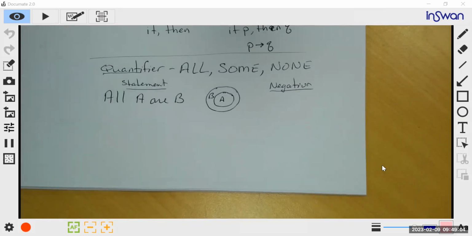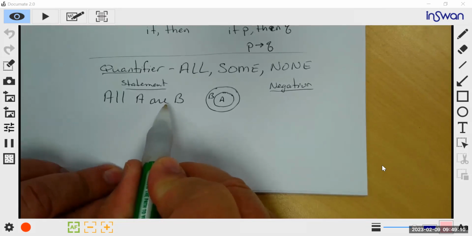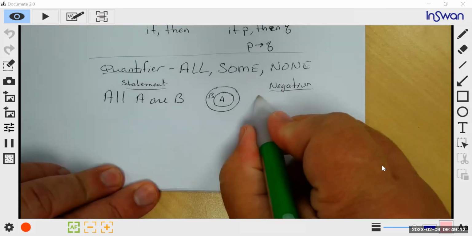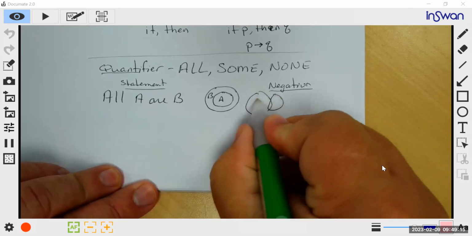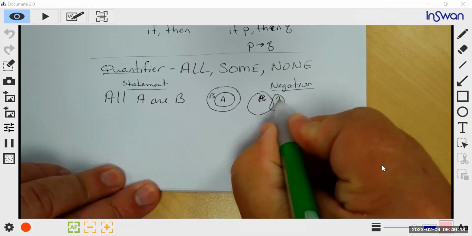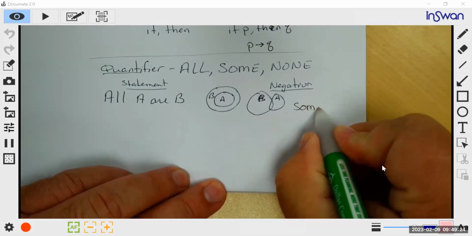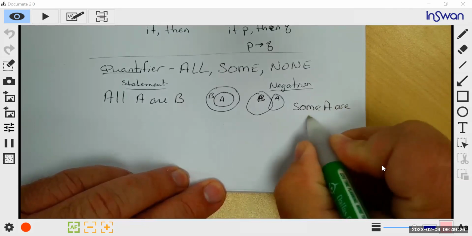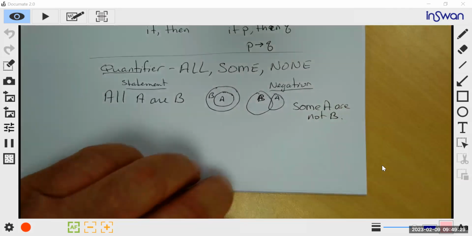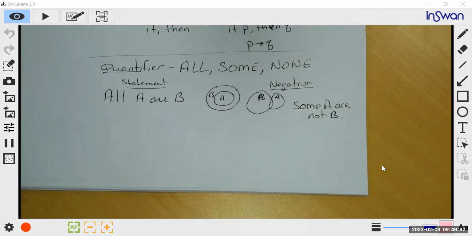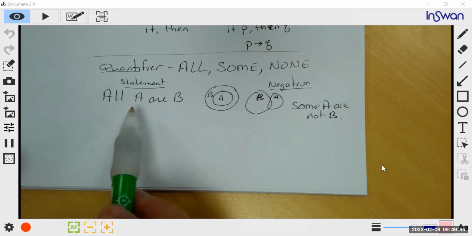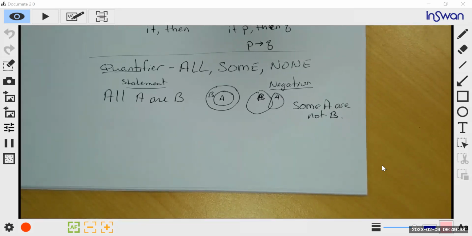Logically, you think that if the opposite of all is nothing, no, because all you have to do is find one example that there's not all of them. An example would be this. The negation is some A are not B. That's the negation. Because to negate it, you have to find at least one way it's wrong. That's called a counterexample.